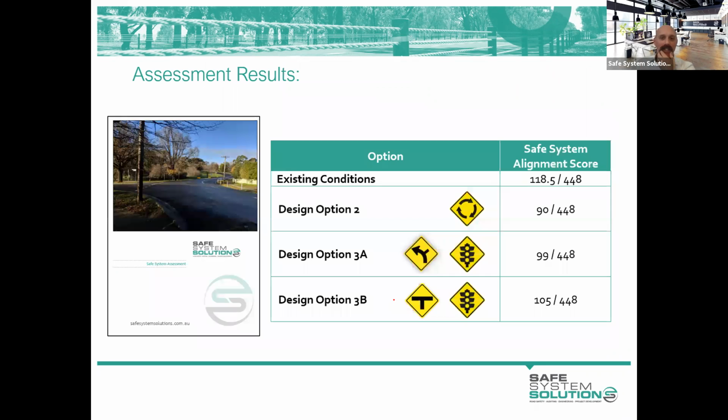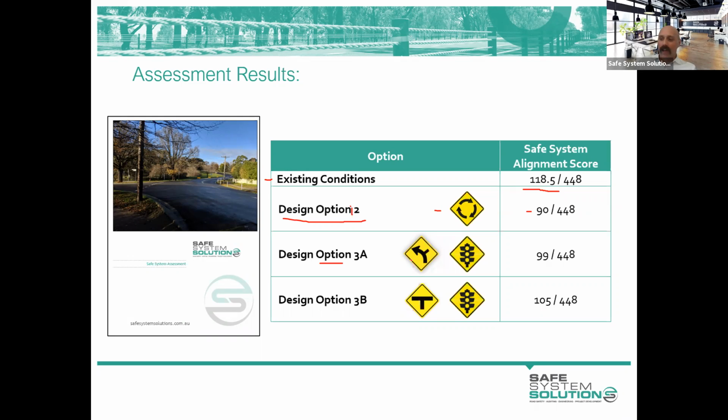And then what we're able to see is this score, total score, gets spat out. And so for this site we've been looking at, we have this existing condition score of 118.5. We have the design option number 2. Well, so these were just their names of the design options. Number 2, the roundabout, brings that score down to 90.